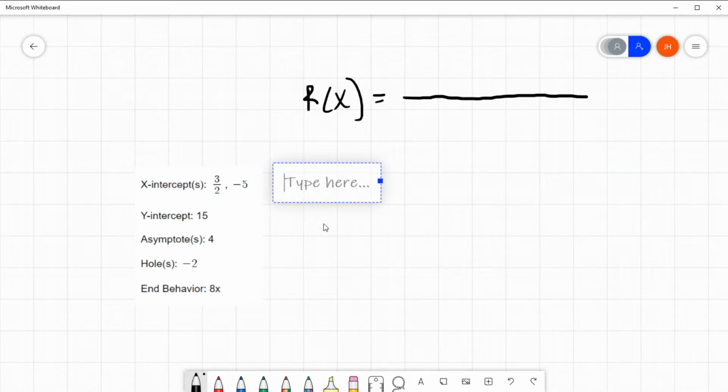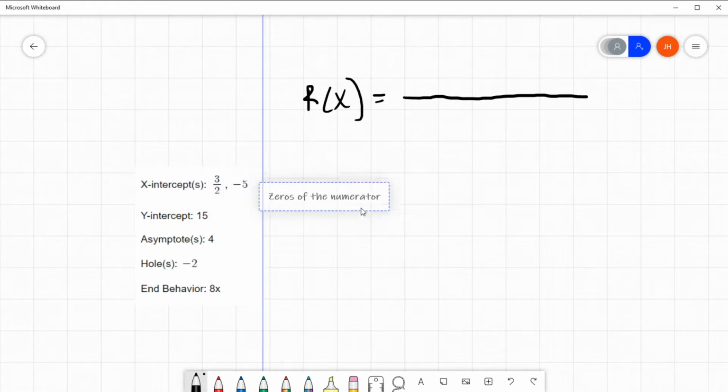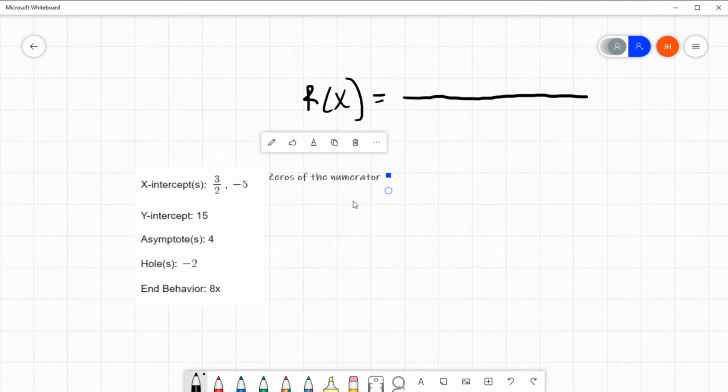The x-intercepts we had identified before as the zeros of the numerator. So I'm going to go ahead and put that next to the x-intercepts here. We said that the y-intercept was equal to r of 0. So it's the function with 0 plugged in for x.